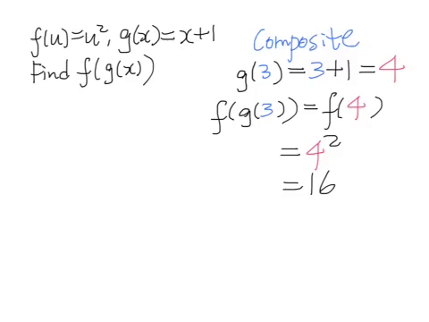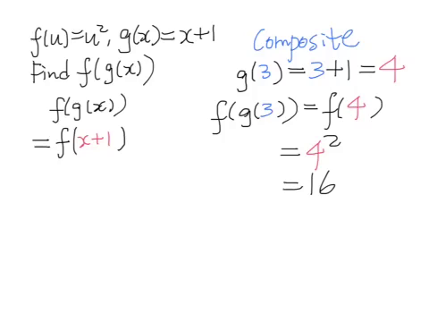Very easy. So f of g of x, now we're not dealing with numbers, right? And what is g of x? Well, I know that g of x is just x plus 1, right? So this will become x plus 1, okay? Again, g of x equals x plus 1. So f of g of x is just f of x plus 1, okay?